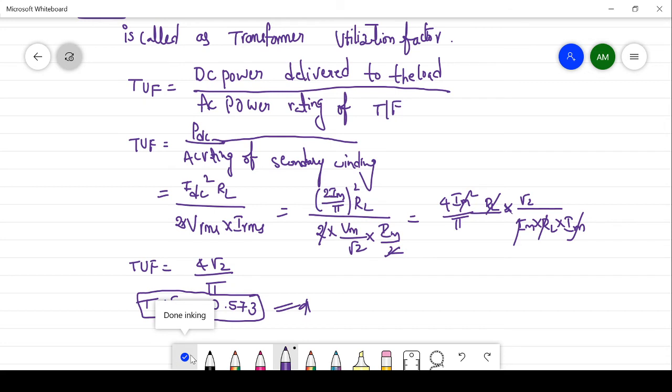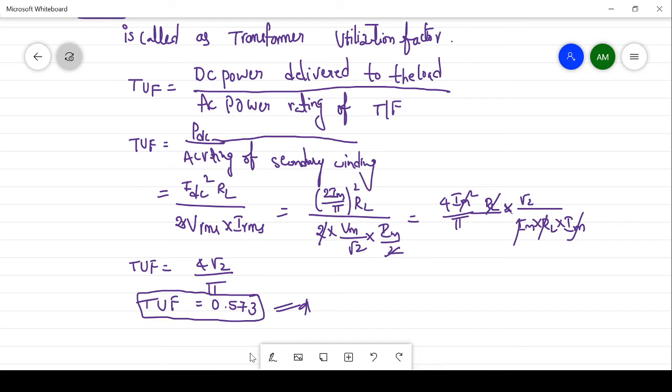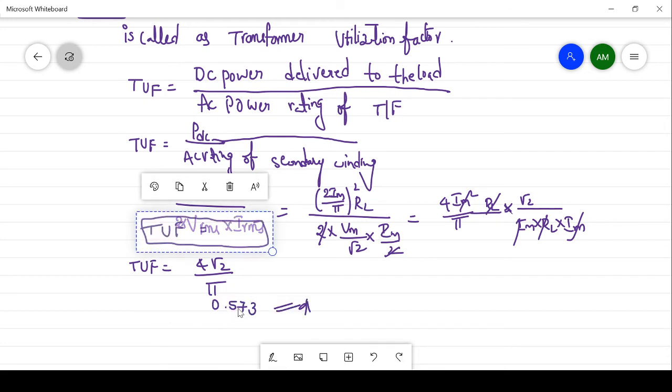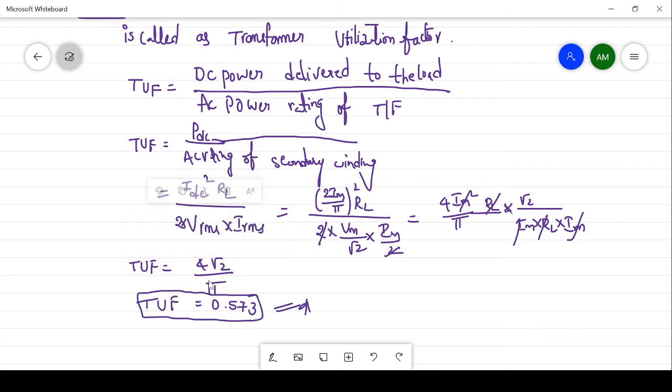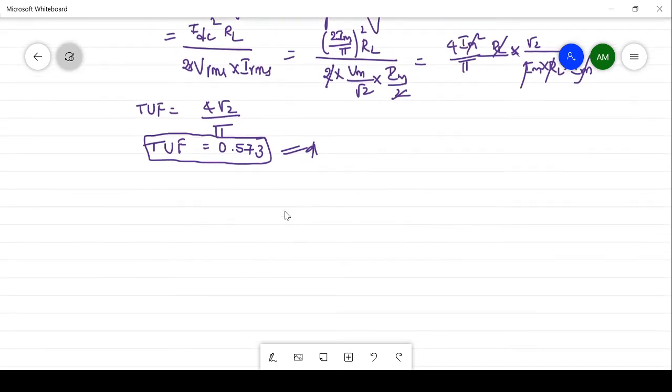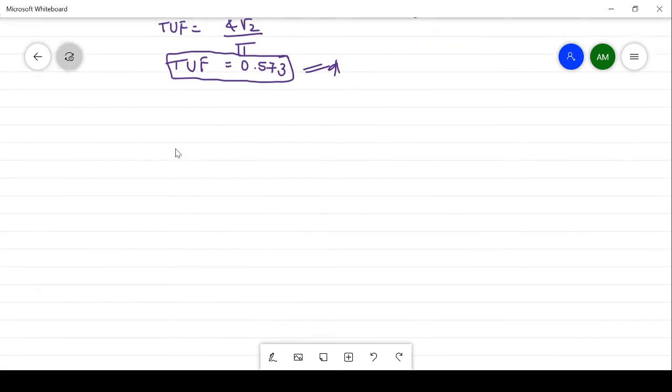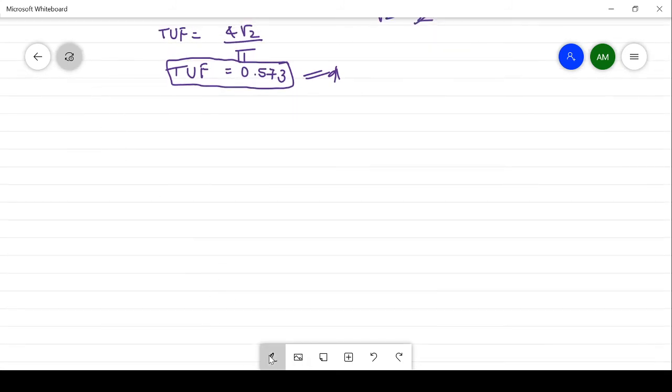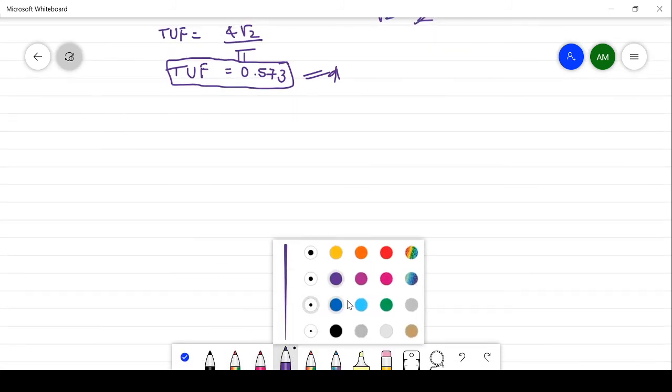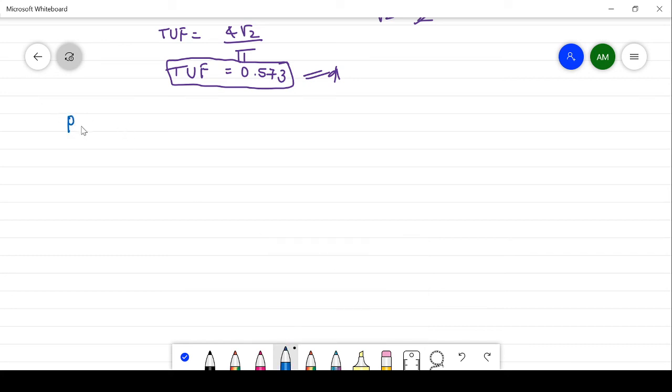Next factor is peak inverse voltage, PIV.